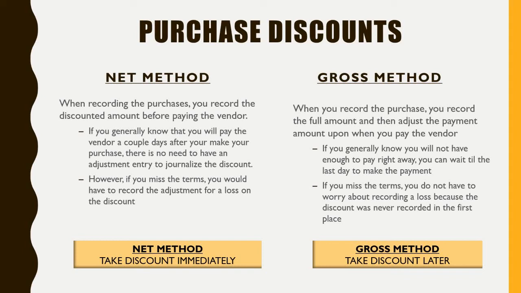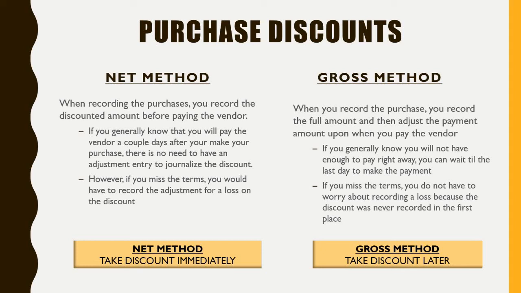Whereas gross method is more for smaller businesses who are not quite sure if their money is enough to pay for things right away, because they might have other expenses that are much more of a priority, such as rent and paying your employees.